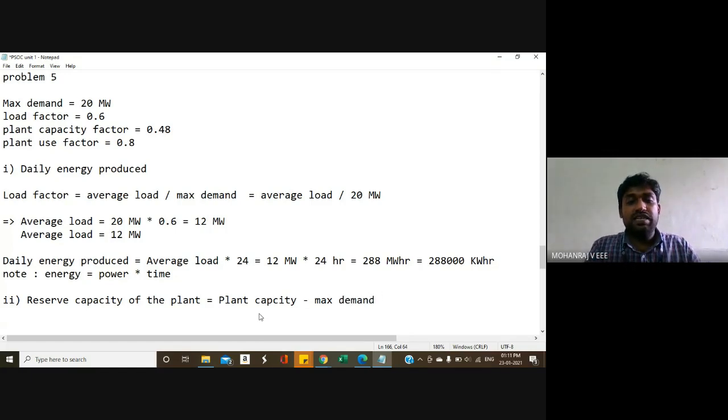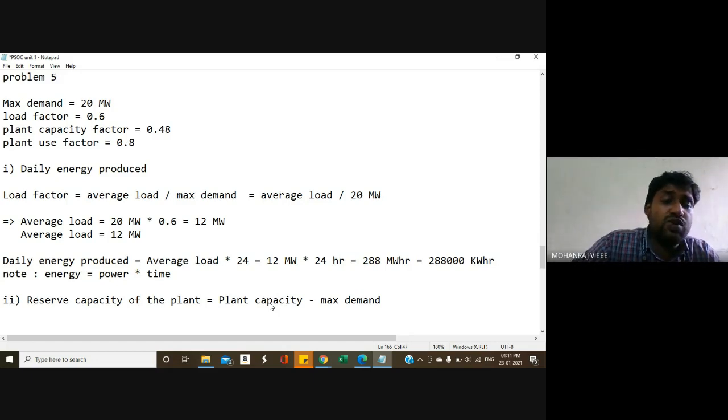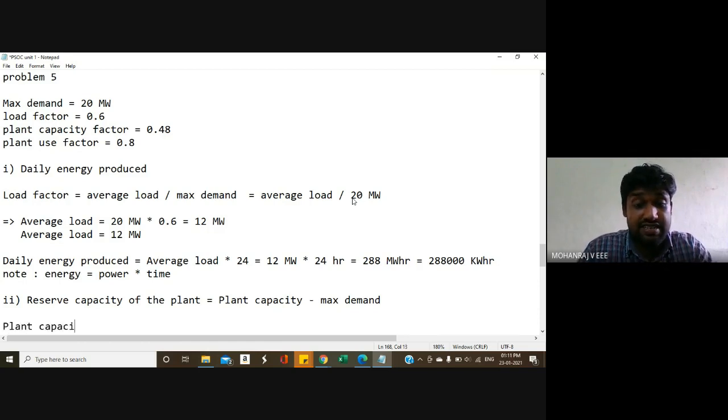For plant capacity minus maximum demand, you will get your reserve capacity of the plant. We know maximum demand already. Maximum demand is 20 megawatt. Fine. But we are not aware of our plant capacity. So how do we calculate plant capacity? They have given the plant capacity factor value, which is 0.48.